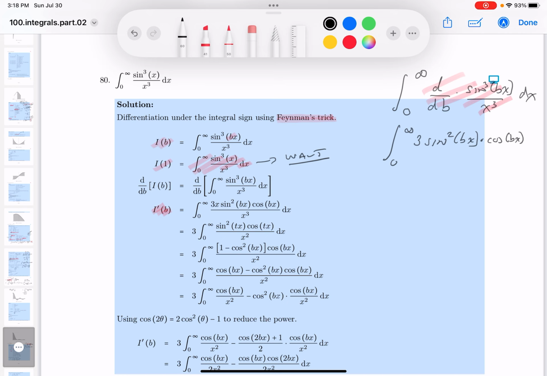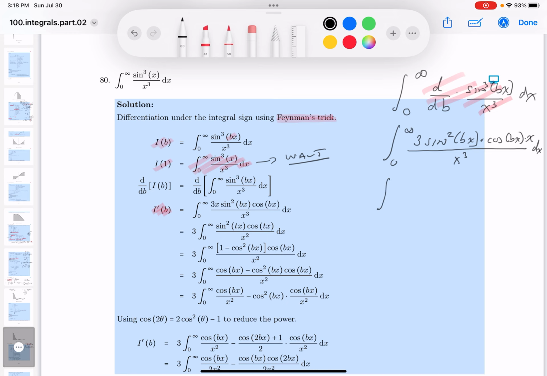And then I go to the inside, and that's just going to be x. Wow, that's not that bad. Over x cubed dx. Well, pretty nasty. Let's do some simplifications over here.